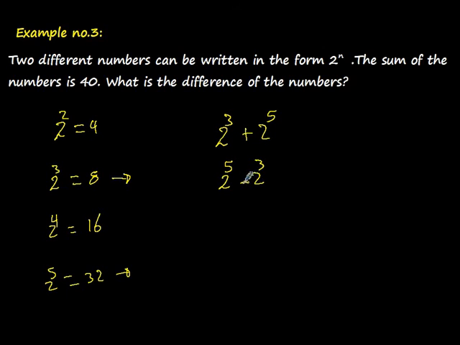And actually we cannot apply any rule to deal with this one, except for expanding each number: 2 to power 5 simply equals 32, minus 2 to the power 3, which is 8, and the difference between them will be... Okay, since we are required to find the difference between the two numbers, the difference is 16, and of course 16 could be written in the form 2 to the power of 4.